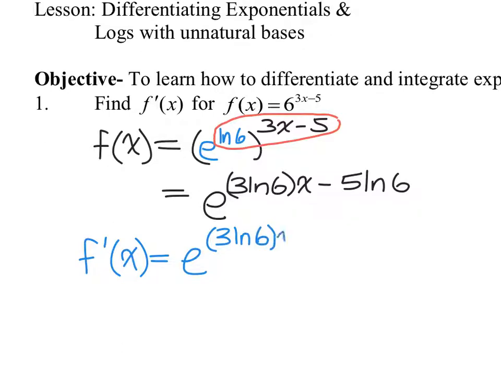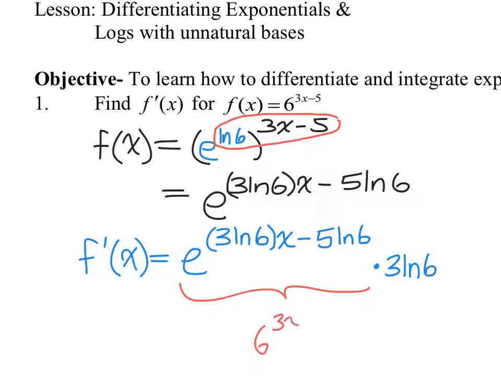I have to write slowly now because the iPad can't keep up with me. What's the derivative of the exponent? 3 ln 6. And we know that this is the same as 6 to the 3x minus 5.